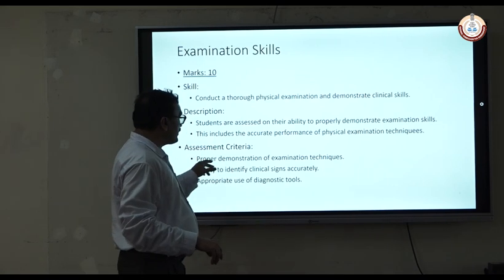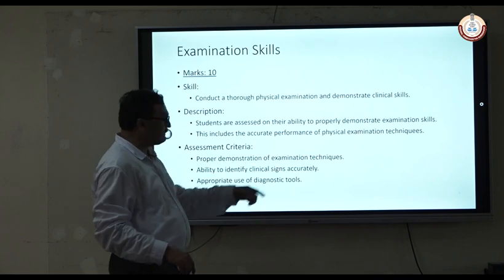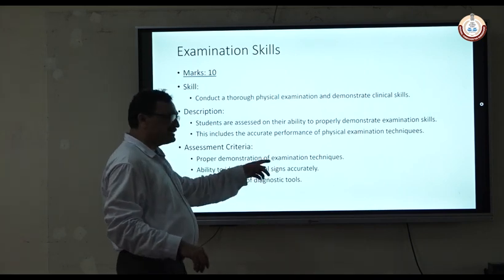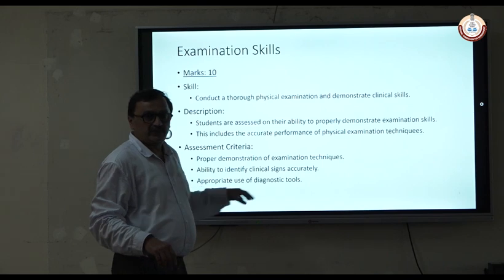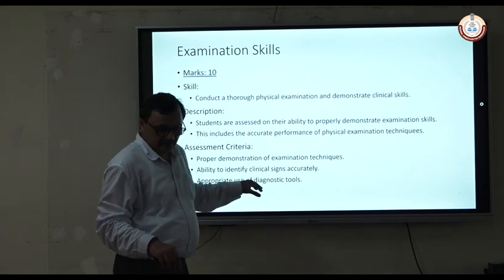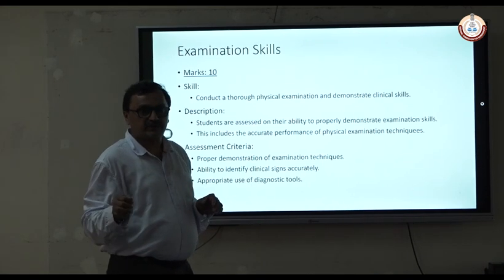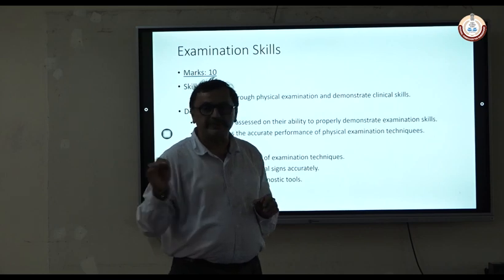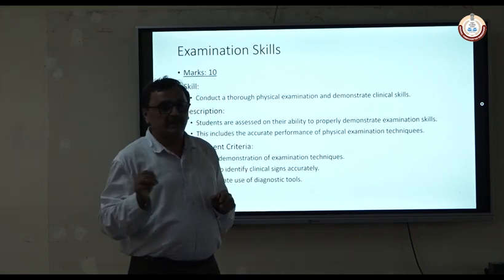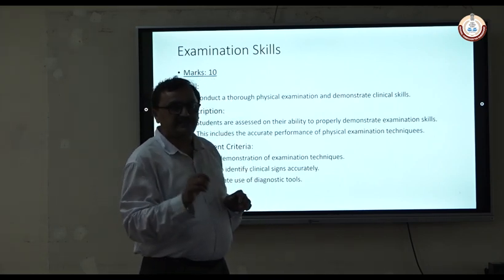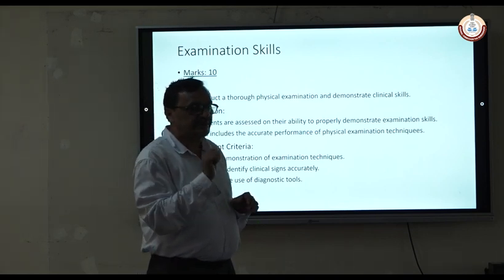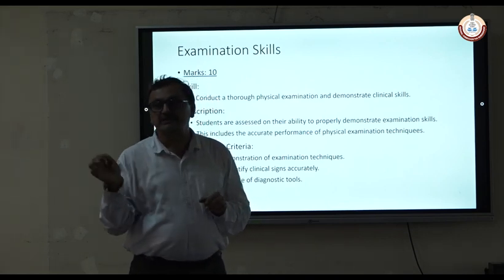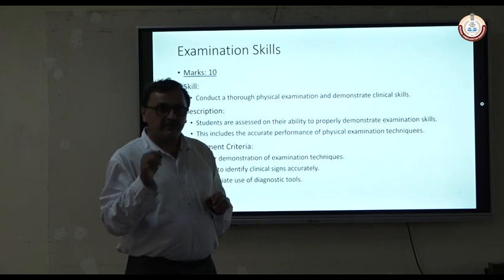Assessment criteria: proper demonstration of the examination technique, ability to identify clinical signs accurately, and appropriate use of the diagnostic tools. So for example, if you are asking the student to demonstrate the vibration sense, for example, the patient has chronic diabetic neuropathy. For examination of the vibration sense, he will take a tuning fork from his pocket. But he is supposed to use 128, not 256 or 512. That is the first thing.